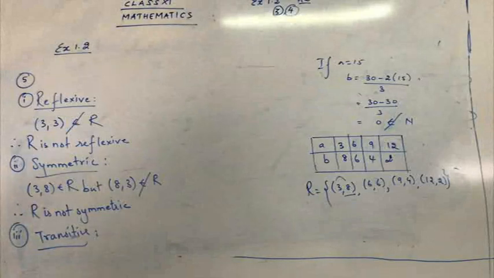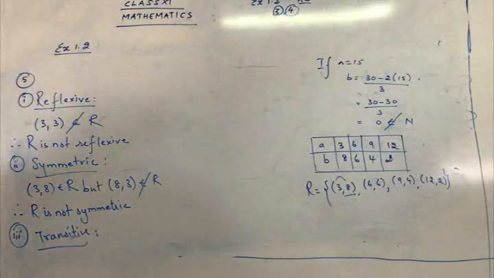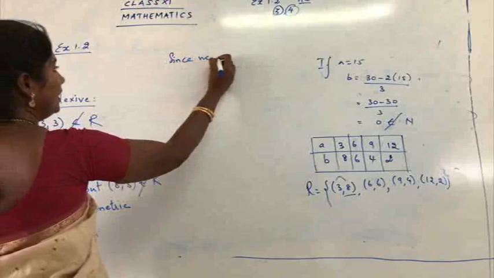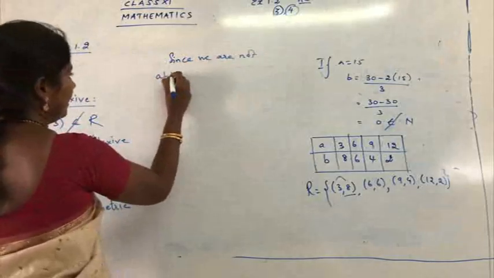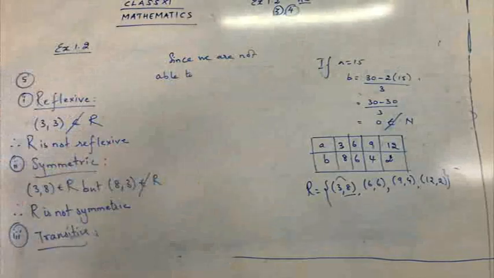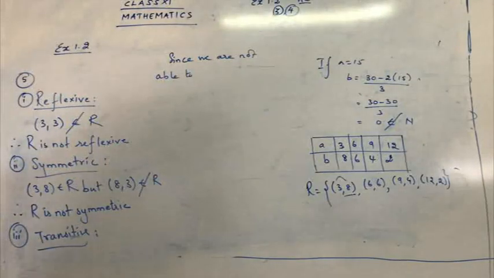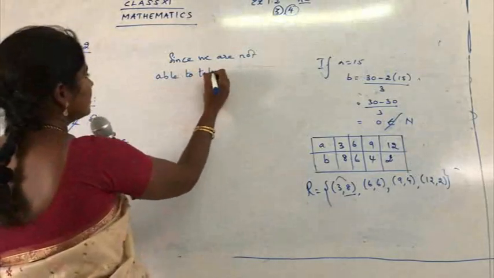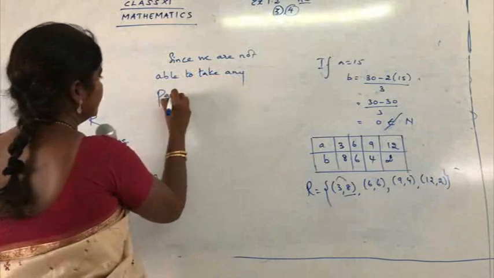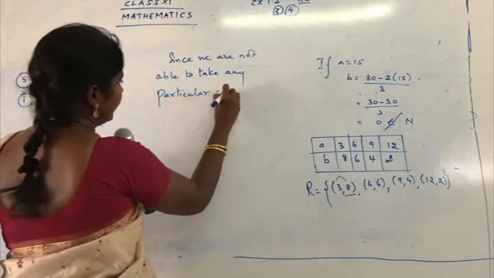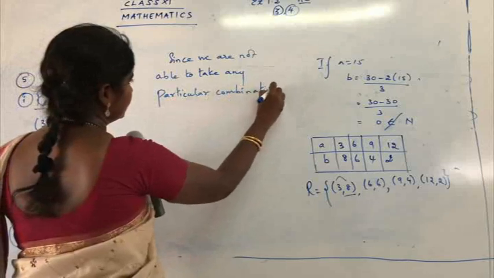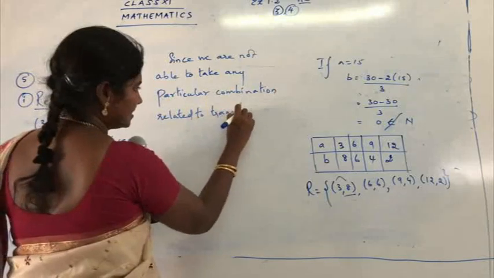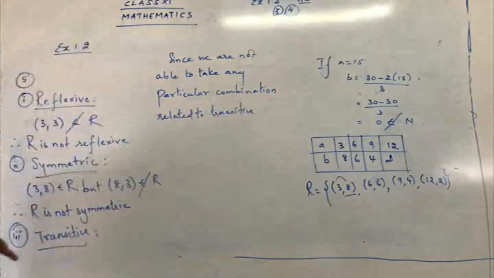So now you're going to write down here: since we are not able to take any particular combination related to transitive. I'm not able to take any combination for transitive, yes children.